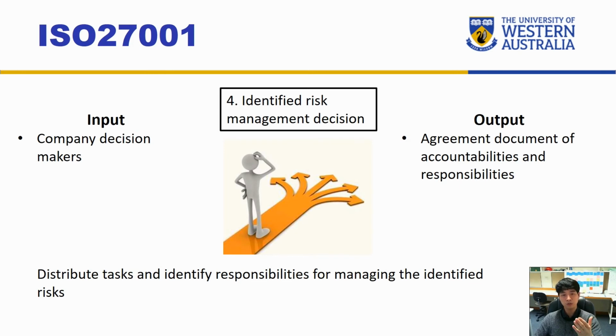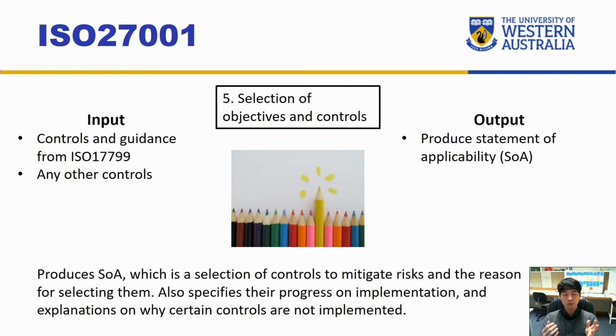Okay. So once we understand how those can be addressed, not necessarily mitigated, but addressed in terms of including accountabilities and responsibilities, then we can look at selection of objectives and controls. So this is where we can look at, okay, what can we implement, what kind of security controls and solutions we can implement to minimize the risks that we identified earlier.